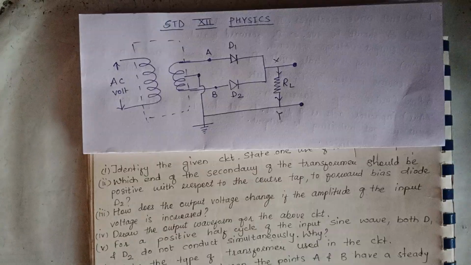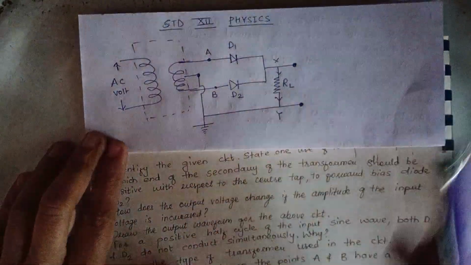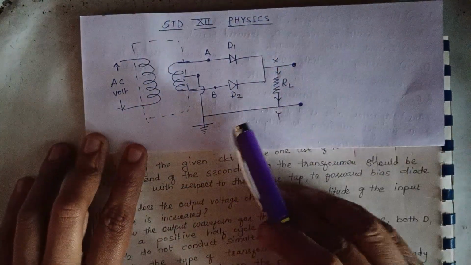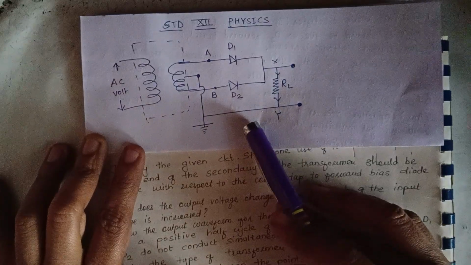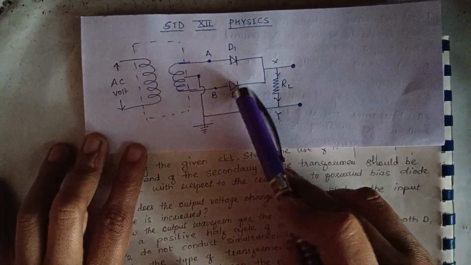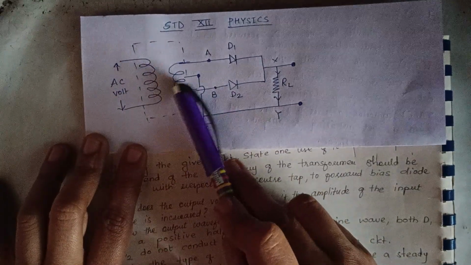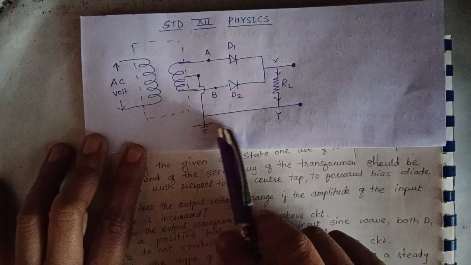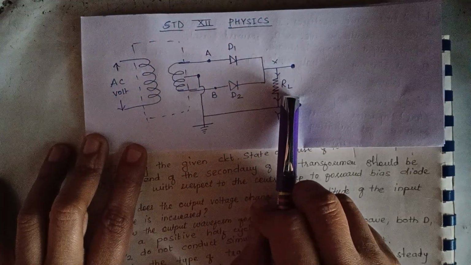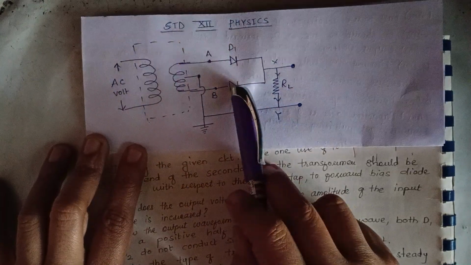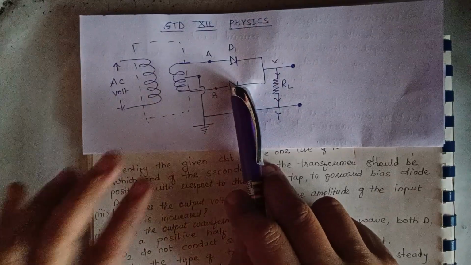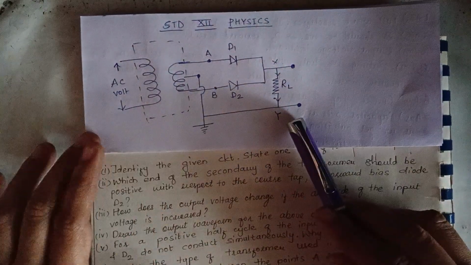By looking at this, you'll identify it as a full wave rectifier. Two diodes are connected here. This is a transformer and this is called a center tap transformer. This is a load resistance. So we put the input and we get output, right?